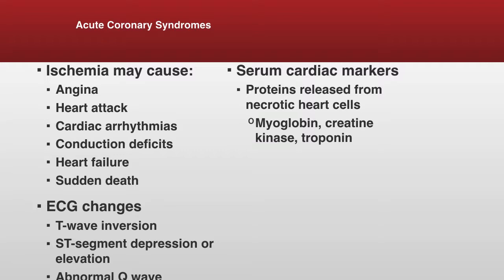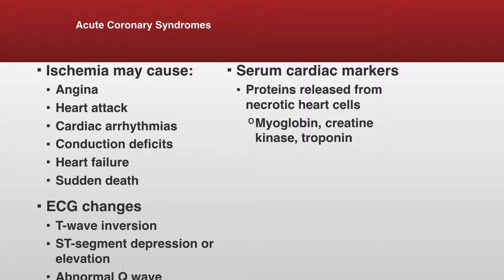When we're looking at acute coronary syndromes, the first thing that we're looking at is ischemia, and remember, the definition of ischemia is decreased oxygenation to the tissues. With that we may have angina, we may actually have a heart attack, it may cause cardiac arrhythmias, it can cause conduction deficits.